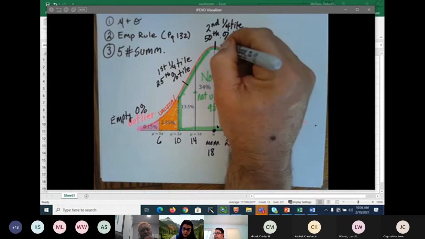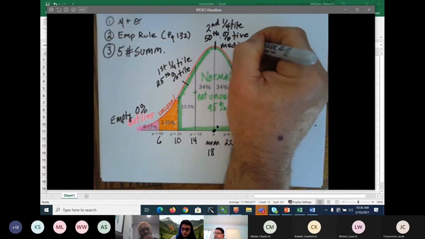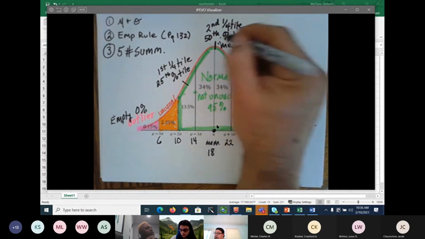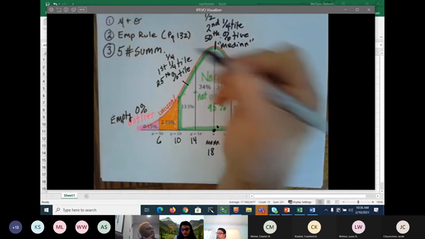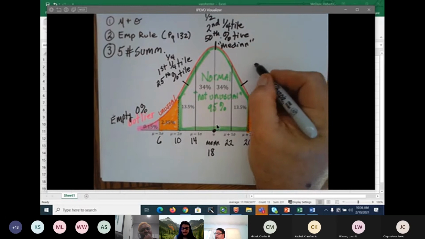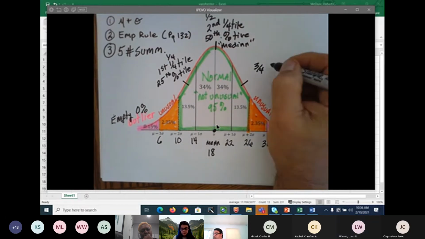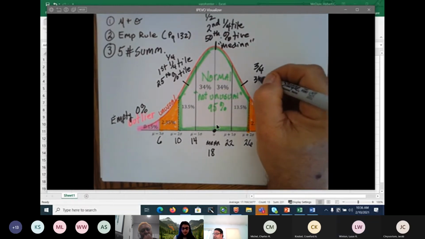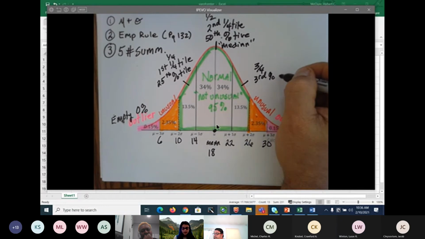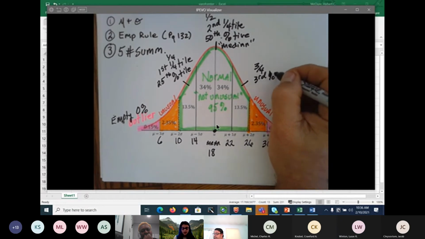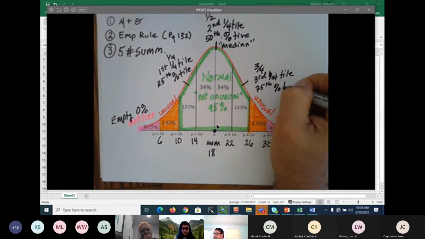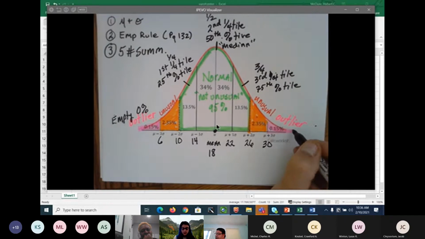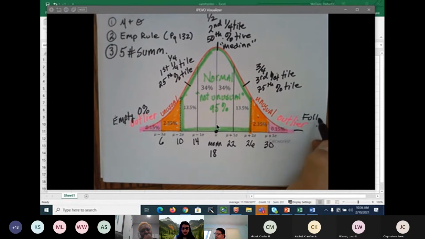It's also the median. In the 5-number summary, it's the median. And it's also what you said, half a tank. And this is a quarter. And this is 3/4, which is called the third quartile, and the 75th percentile. And over here is 100% and full.